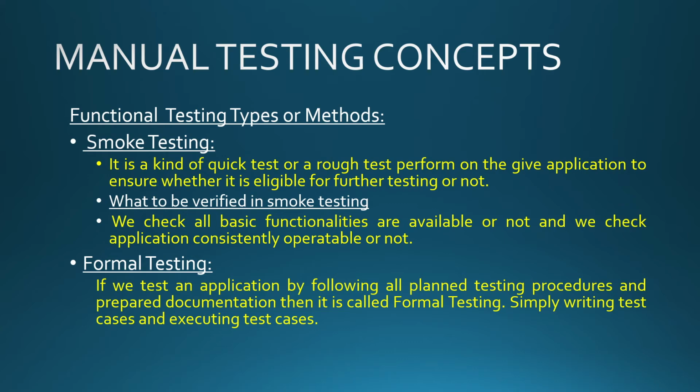If we test an application by following documents such as FRS documents or BRS documents and testing procedures, then it is called formal testing. In simple words, writing test cases and executing test cases is called formal testing.